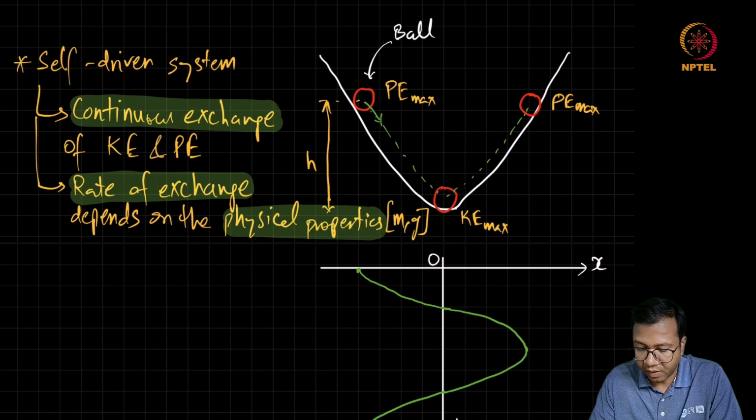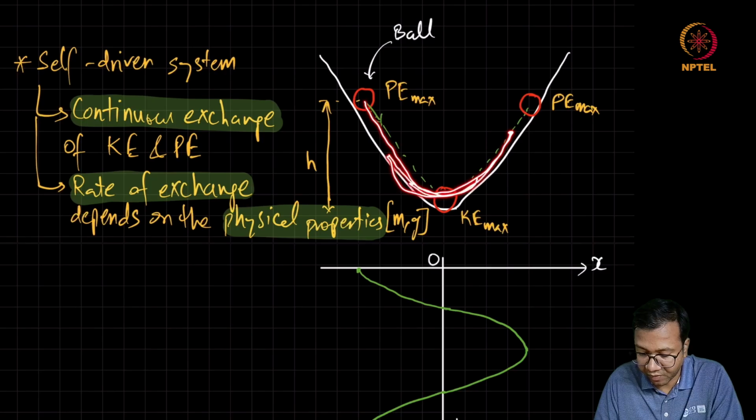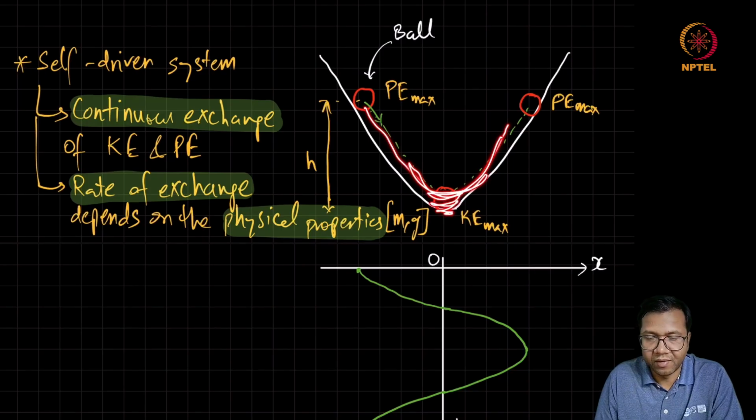Now here we can look at one more detail which we observe in real life. In reality, as time progresses, this ball will not reach the peak because of the friction which is present. So part of the energy is going to be lost over time. And finally, it is going to come to rest in this stable position.